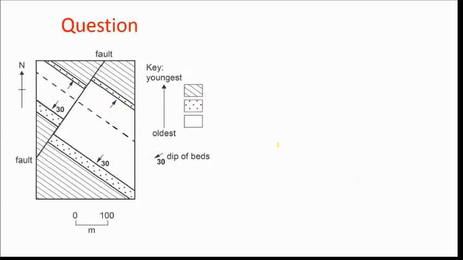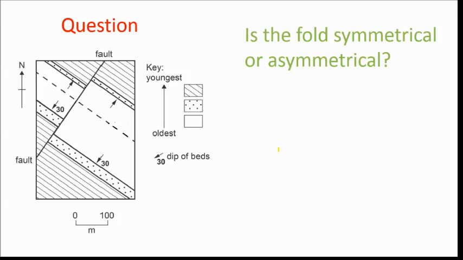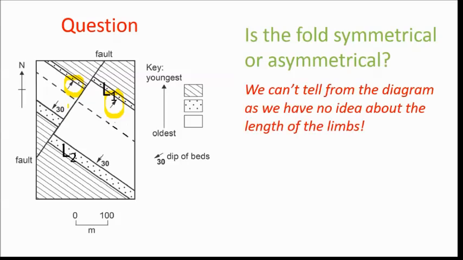Going back to our original diagram, do we know if there's an asymmetrical or a symmetrical fold? We don't know what these arrows show. Would they be more or less than 30 degrees? First of all, we can't tell if it is symmetrical or asymmetrical because we don't know the length of the limbs.